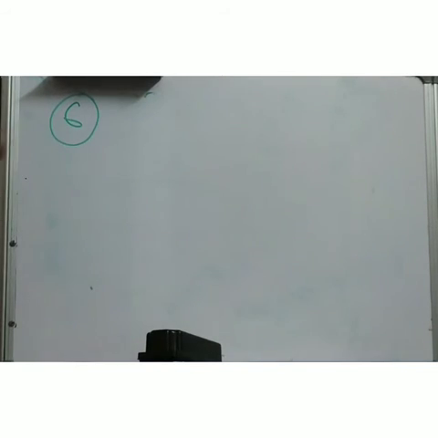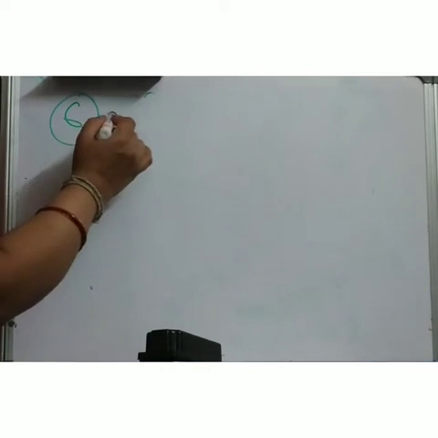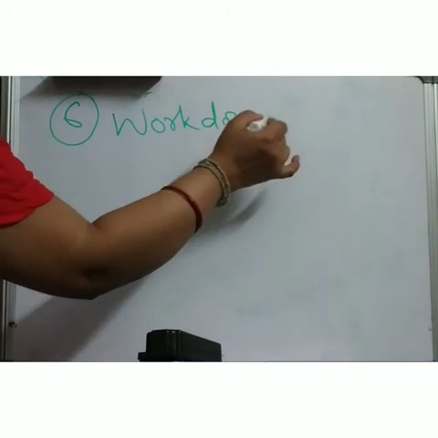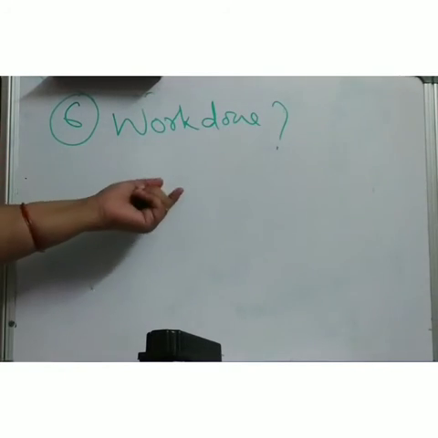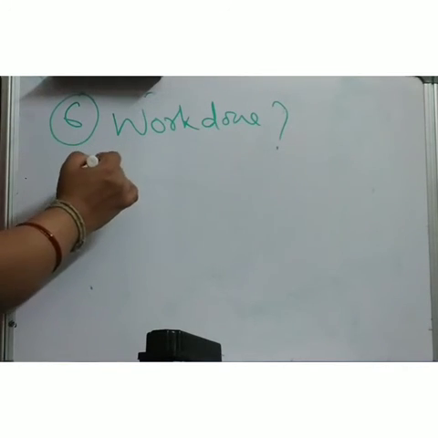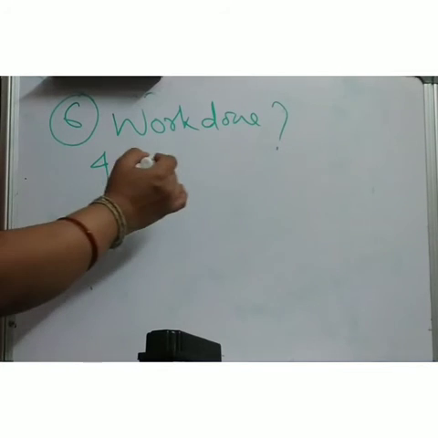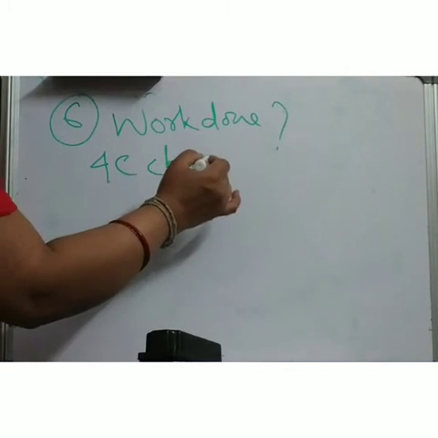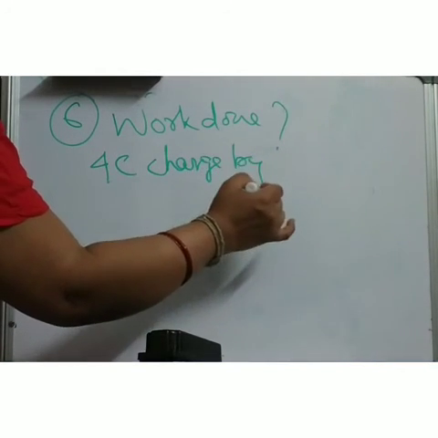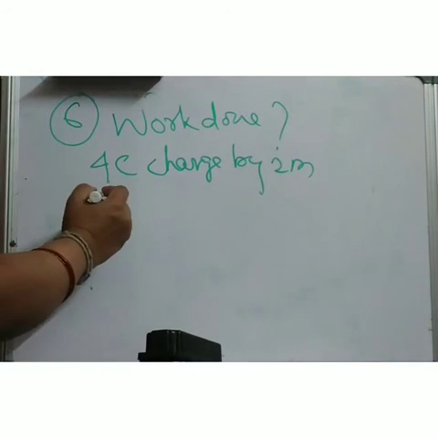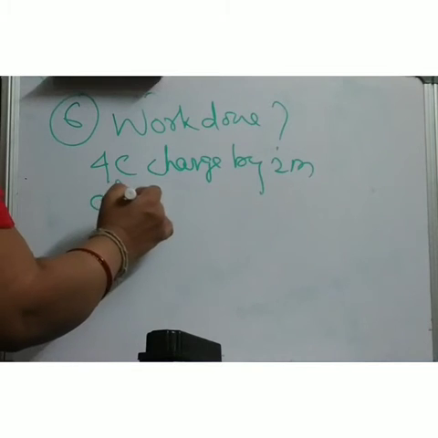What is the work done in moving a charge? You have to find out the work done in moving 4 coulomb of charge by 2 meter along an equipotential surface.